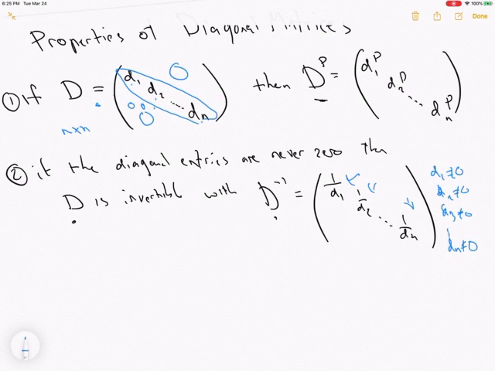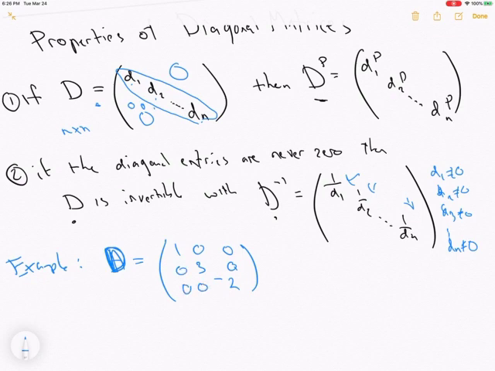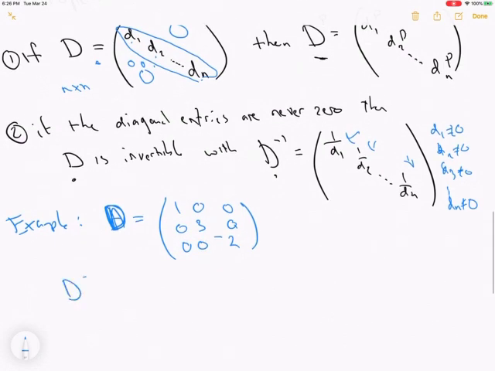Just as an example, say D is this matrix here, with diagonal entries 1, 3, and minus 2. I'll put in all the zeros since it's only a 3 by 3 matrix. Then D inverse is the matrix 1, 0, 0, 0, one third, 0, 0, 0, minus a half. So that's how you obtain the inverse of a diagonal matrix.